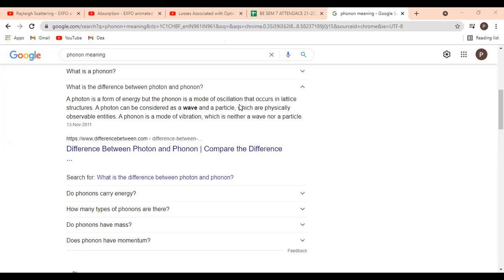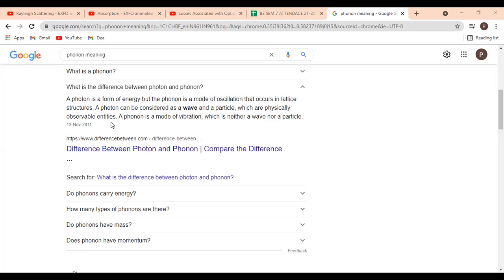As I said in the last case also, thermal vibrations or oscillation happens inside the fiber. So phonon is a mode of oscillation that occurs in the lattice structure. That oscillation, we are calling it the phonon. A photon can be considered as a wave and a particle, which are physically observable entities.